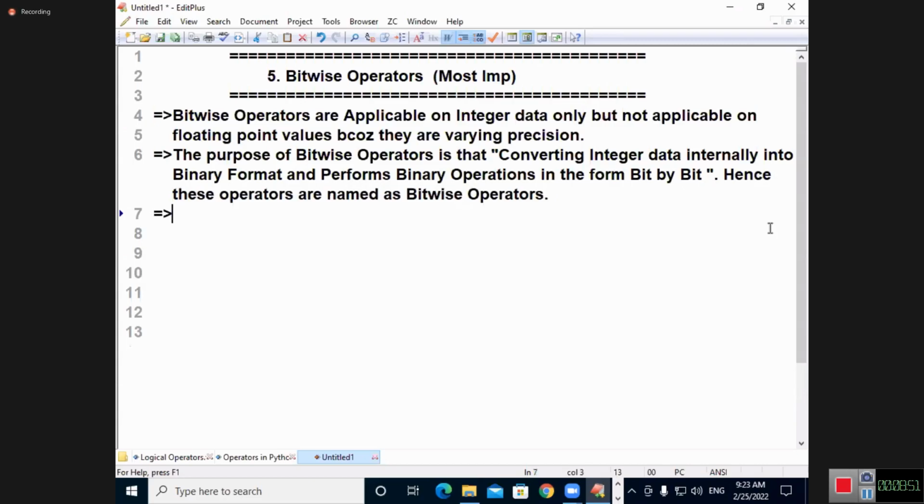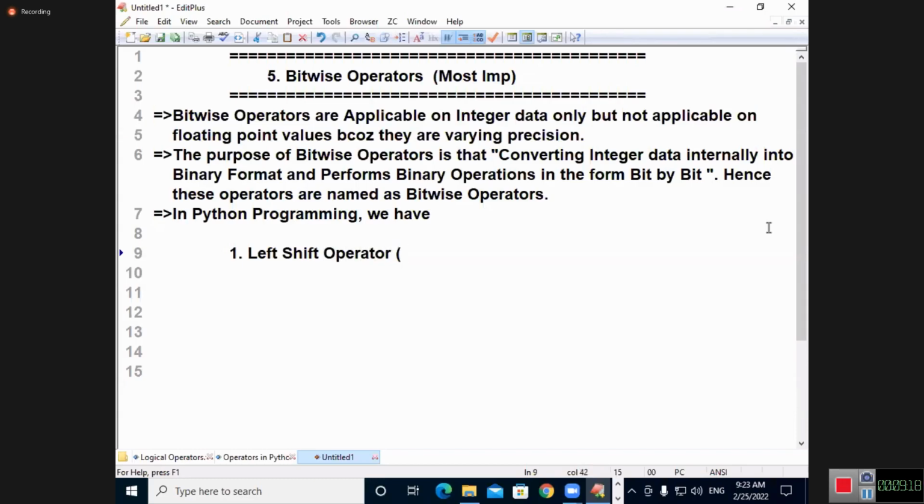Okay, students. Now, in Python programming, how many bitwise operators do we have? Six bitwise operators are available. What are those? See students. First one I am writing is the left shift operator. I will explain the left shift operator.